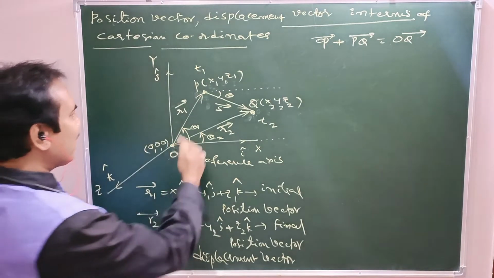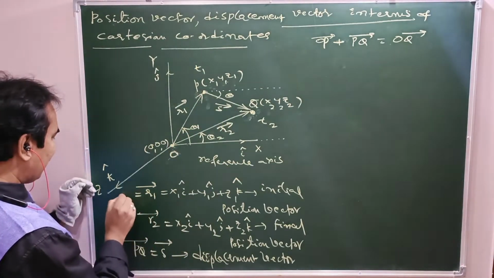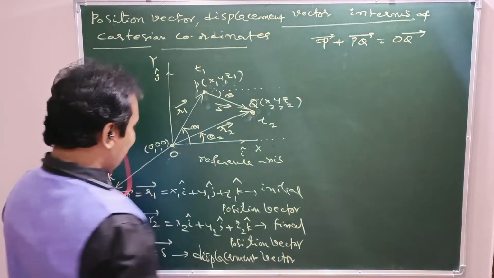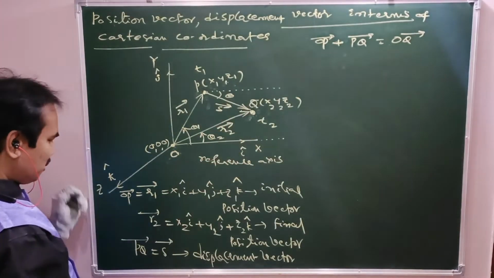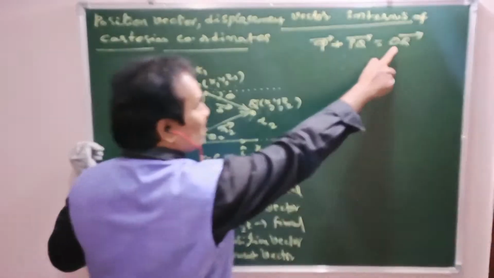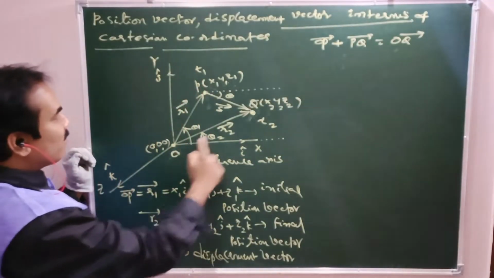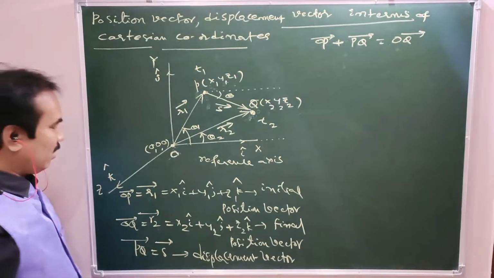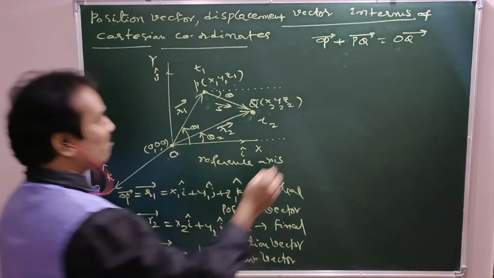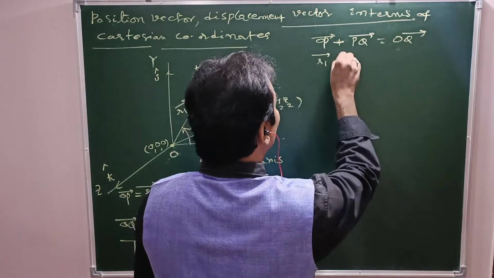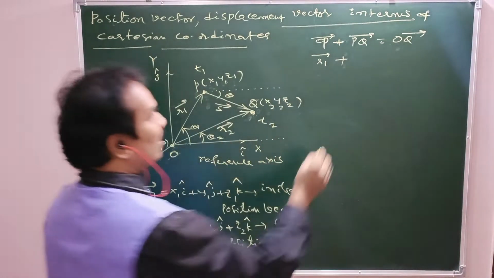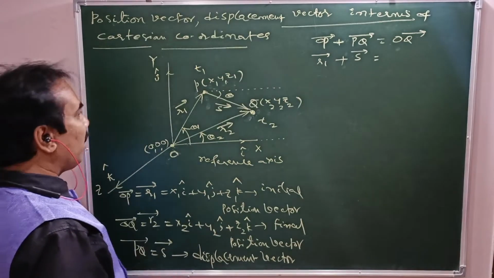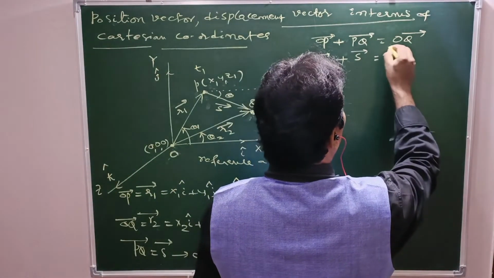What is OP bar here? OP bar means R1 bar. What is PQ bar here? PQ bar means S bar. Now what is OQ bar here? OQ bar means R2 bar. So replace OP bar with R1 bar, plus PQ bar which is S bar, is equal to OQ bar which is R2 bar.